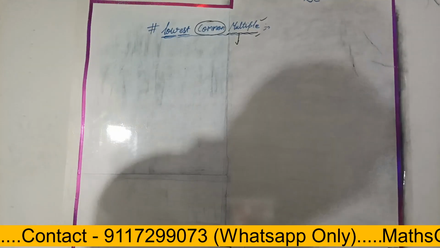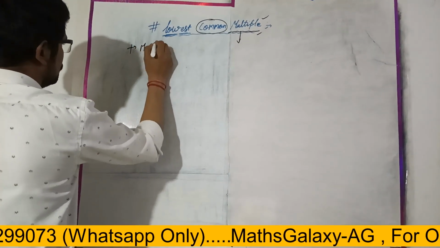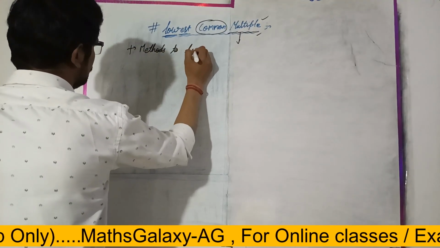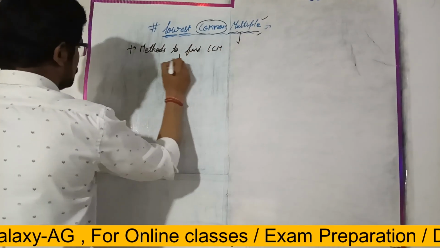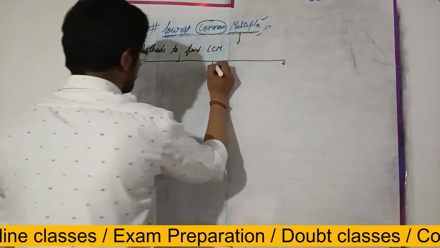So, methods to find LCM. How many methods are there? Three.